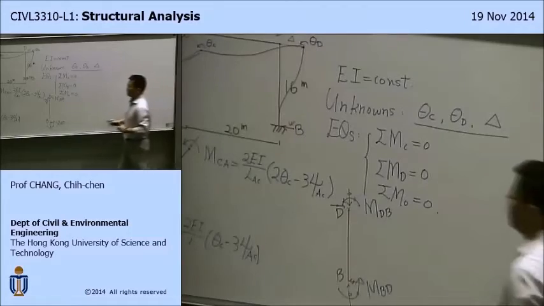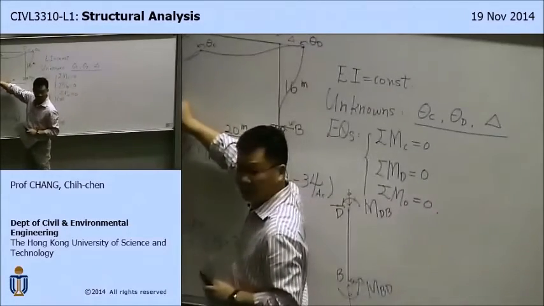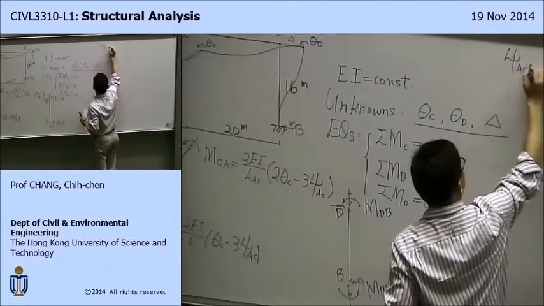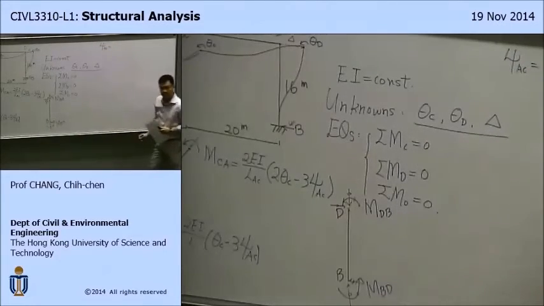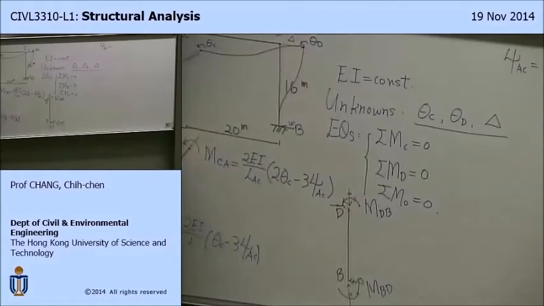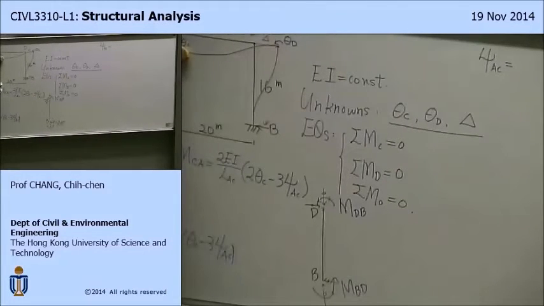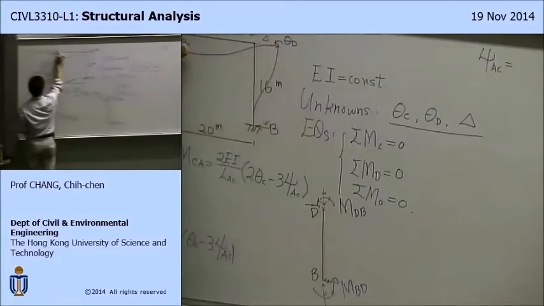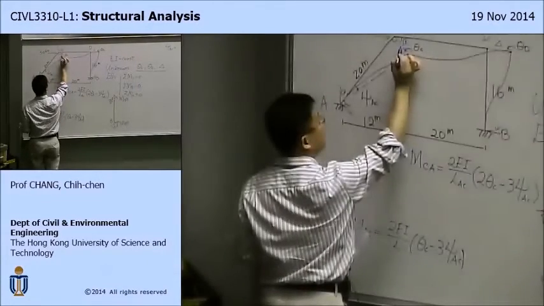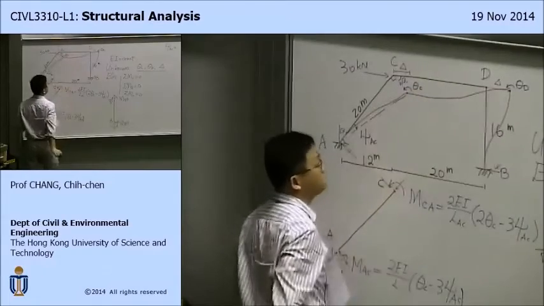So the first thing you need to do is to come out with a rigid body rotation angle. So this is beta 1. This is beta 1 according to trigonometry. So this is going to be delta divided by cosine beta 1, which gives you this one.